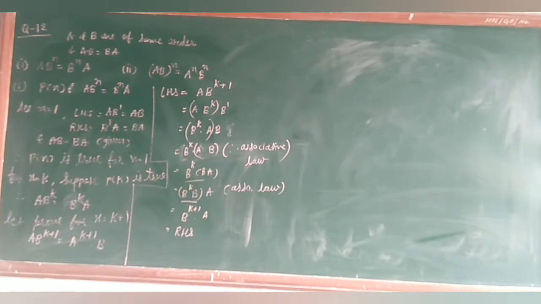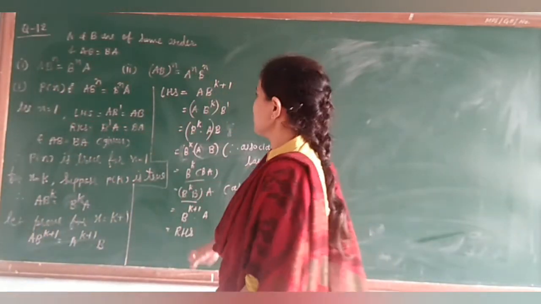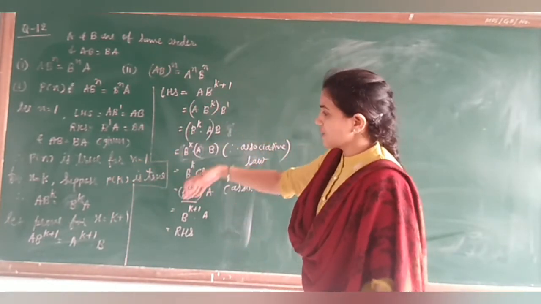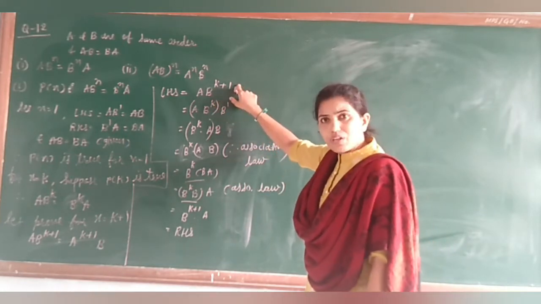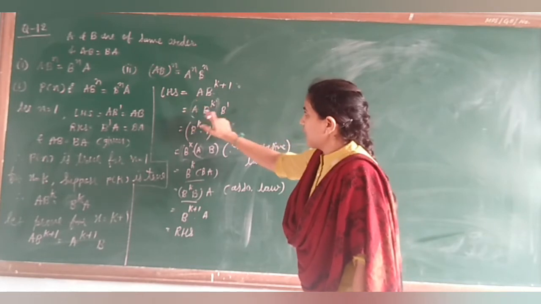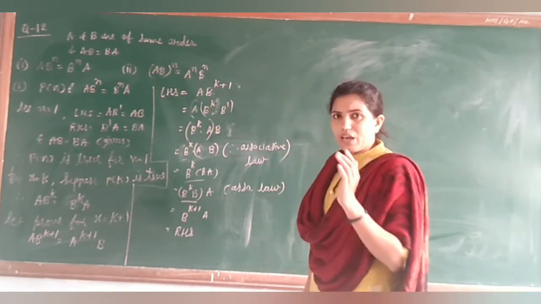So students, the first part is proved. You can see how to prove it. First we proved it for n is equal to 1, then we suppose it for n is equal to k, and for k plus 1 we take ab raised to k plus 1. It can be written as ab raised to k into ab.